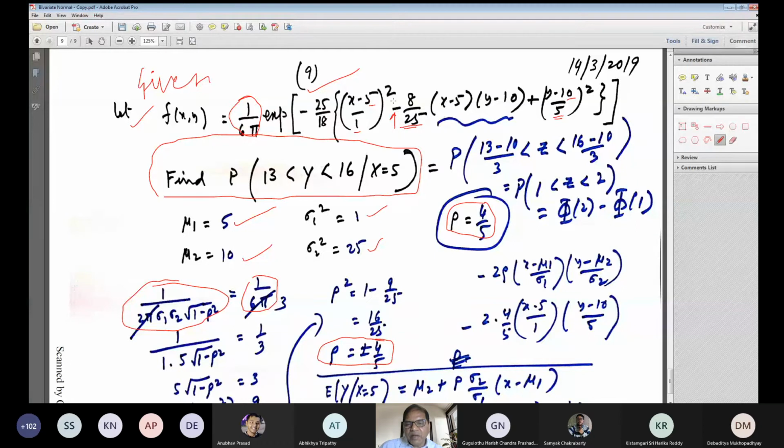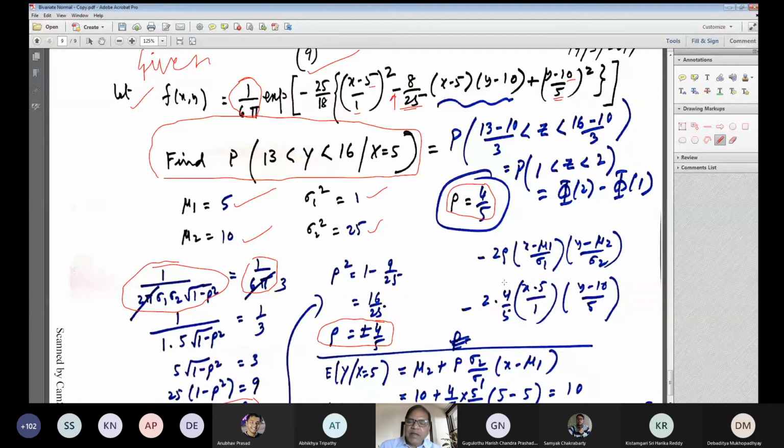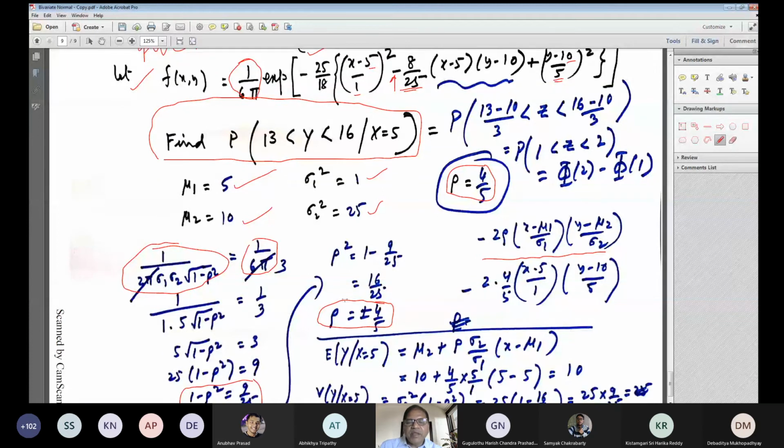So from there you can get 4 by 5 also. Only the minus and plus will be decided from here. Directly also you can get 4 by 5 from here instead of going through this place. Anyway, ultimately you have to get the parameter, so we have got the parameter rho.